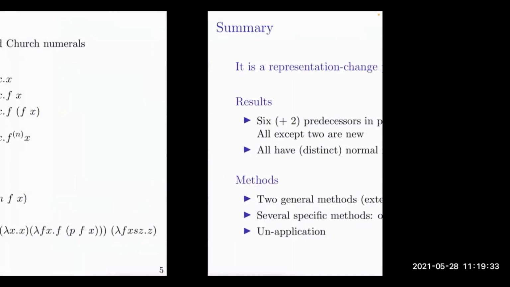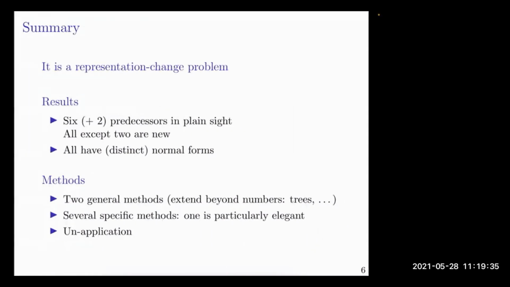Okay. So here's the summary of the paper and the talk. So the predecessor is a representation change problem. And the main result is that not 2, not 3, but actually 6 predecessors in plain sight. All except 2 are new. One of them is the Kleene predecessor, and the other one, which is also known, I'll mention later on. All of them have normal forms, and of course distinct normal forms, because they're all different.